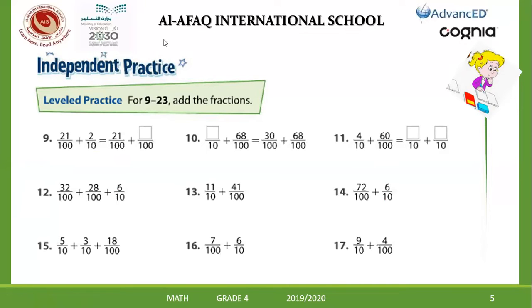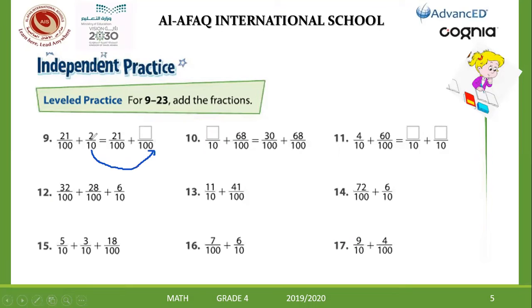So what happened here for the denominator of 10? The denominator is changing to 100. By using what? By using multiplying. So 10 becomes 100 when I multiply by 10.